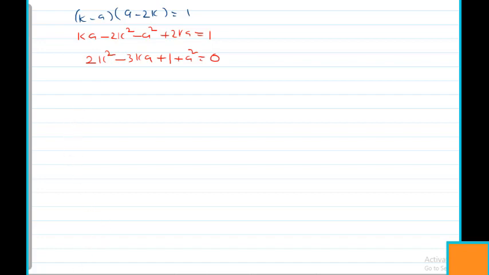So this is a quadratic equation. Now what is the important thing? We should get two k values from this quadratic equation, because two chords should exist.